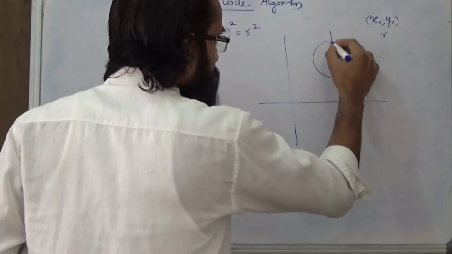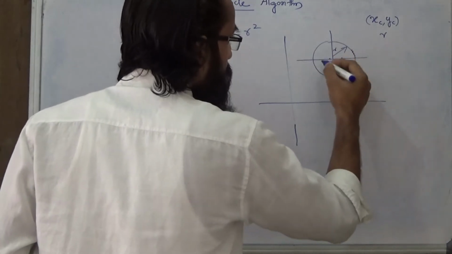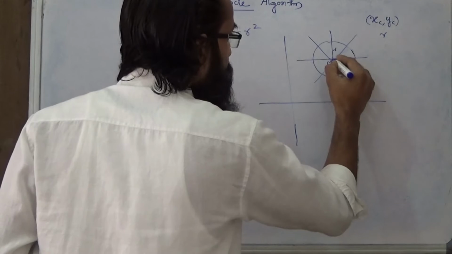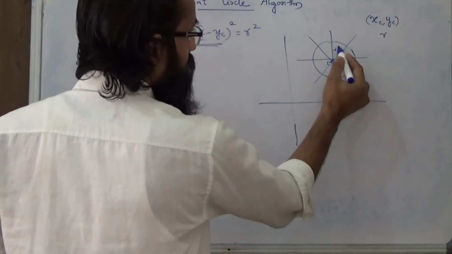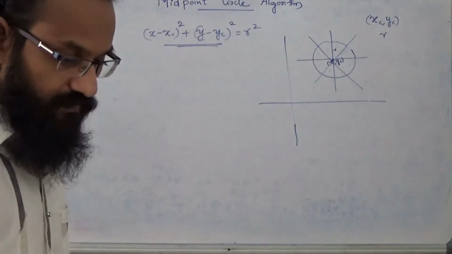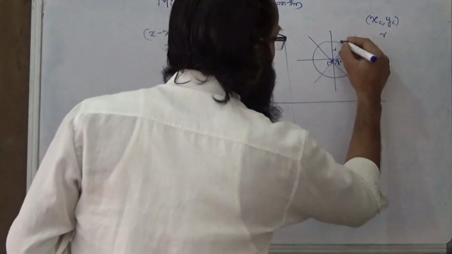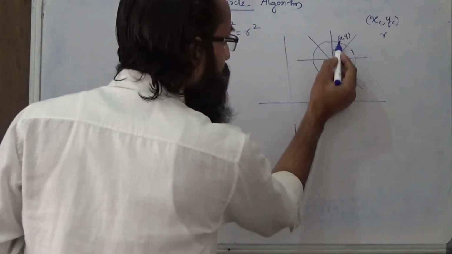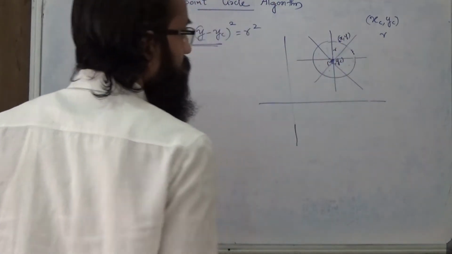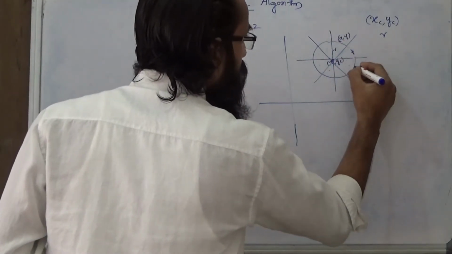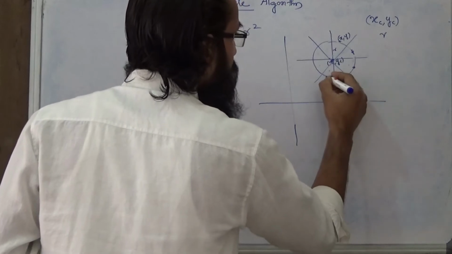Now if we consider this particular circle, you can divide it into 8 octants: octant 1, 2, 3, 4, 5, 6, 7, 8. If I take a point x, y in this particular octant on the circumference of the circle, you can have the symmetric points on the other 7 octants.